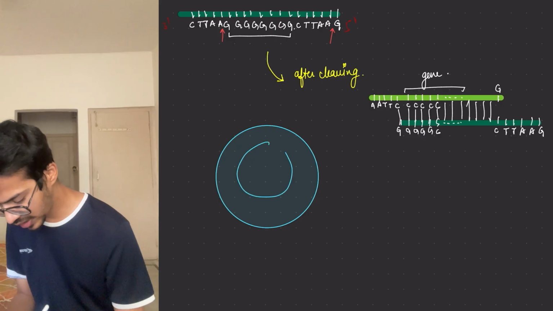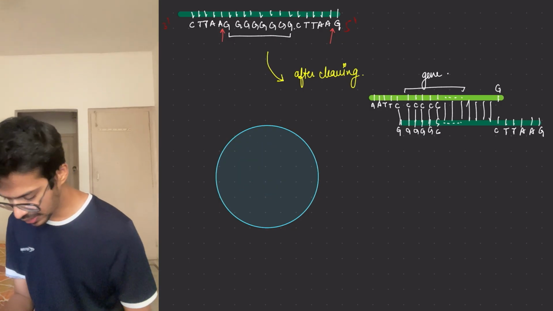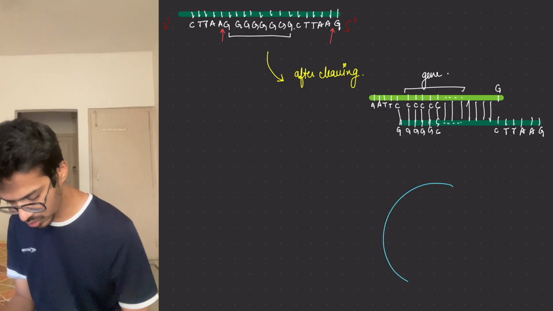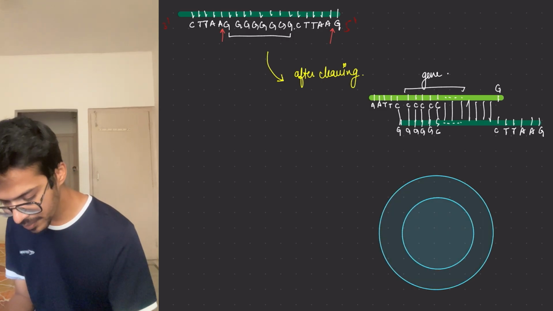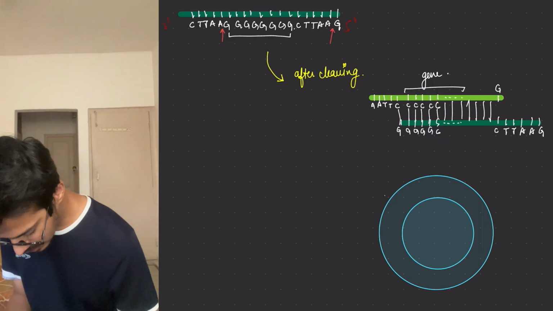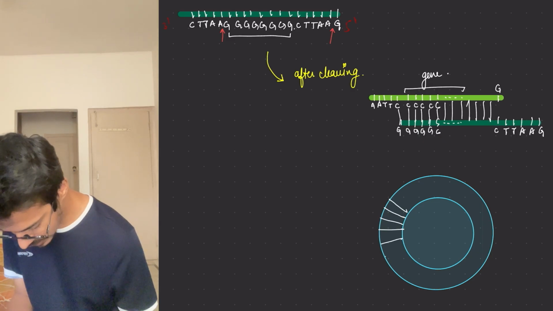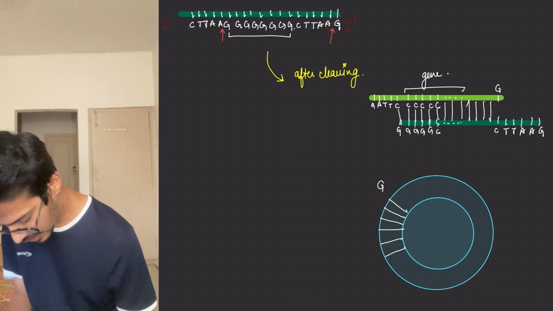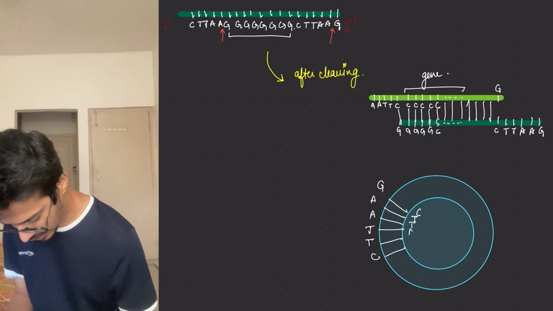Let's not change it or you will get confused. So it was like this, like this. Now it has 1, 2, 3, 4, 5, 6. So G, A, T, T, C. Then we have C, T, T, A, G.